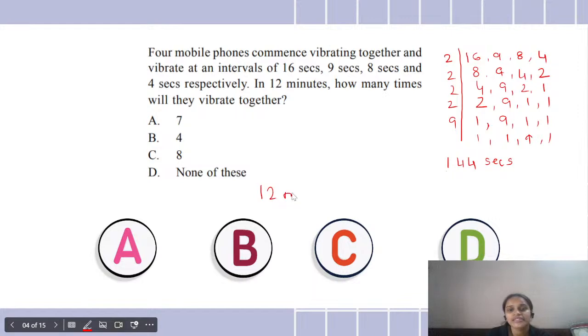So 12 minutes equals to 720 seconds, right? Okay. Now, in 720 seconds, how many times it will vibrate? So to find that out, I have to divide 720 with 144. So when I divide, I get the answer is 5.